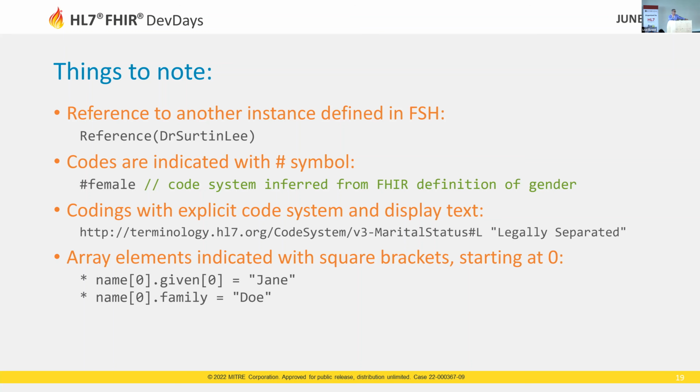That way you're certain you're setting the very first element of the given name and the very first element of name. Now, if you were paying attention in the profile, we didn't have the 0. That's because in a profile you don't specify a specific array element. You'd have to do that through slicing, which is a different story for a different day.